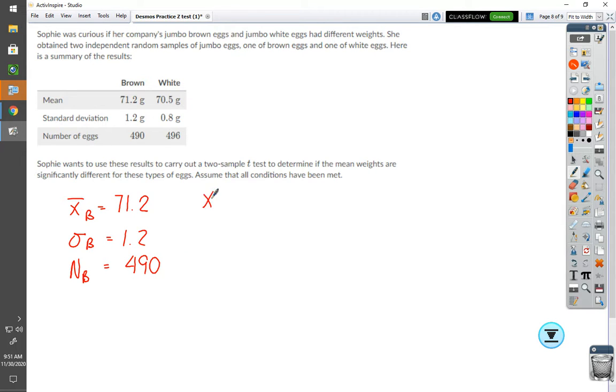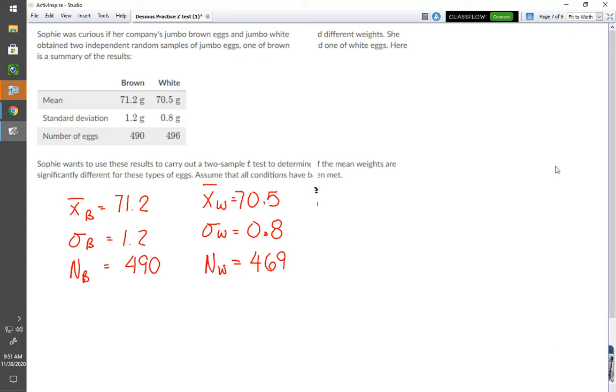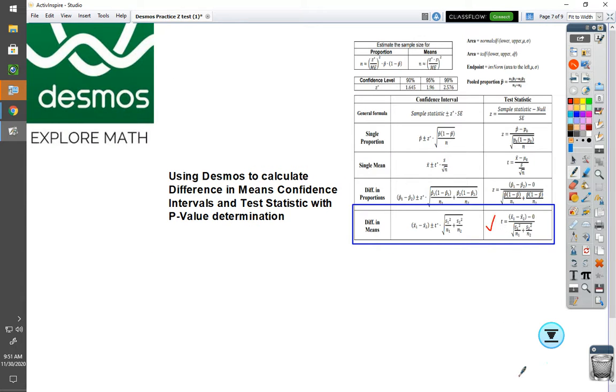When I look at my X bar for white eggs, 70.5. I know that my sigma value for those whites is 0.8, a little tighter on the distribution. And the N value for those white, 496.